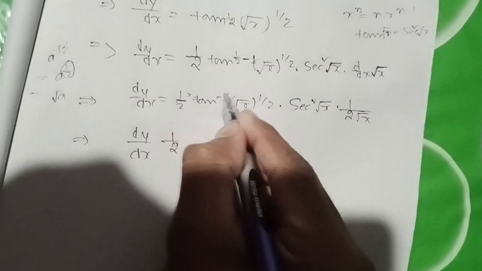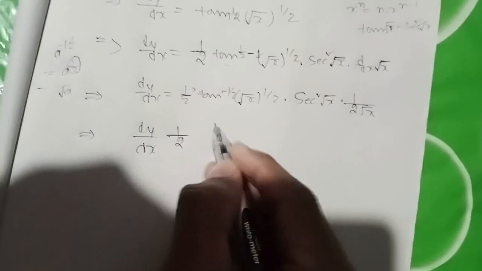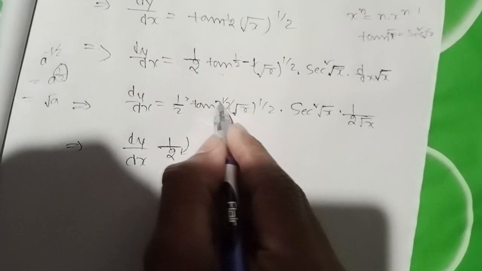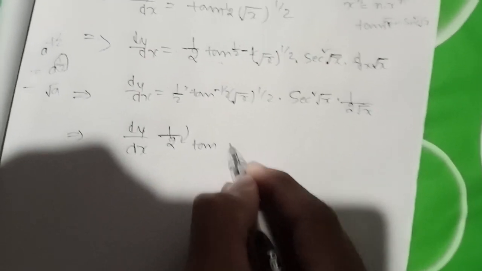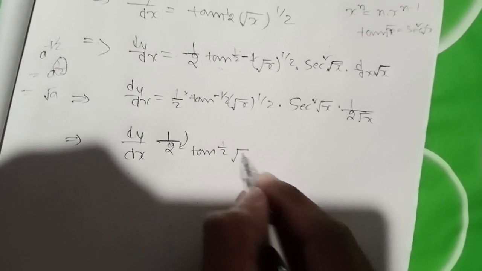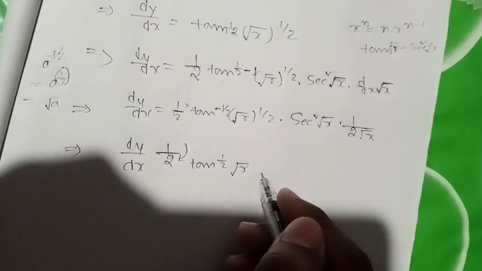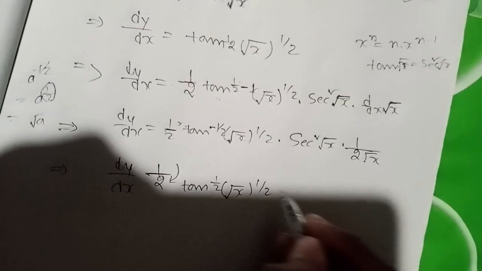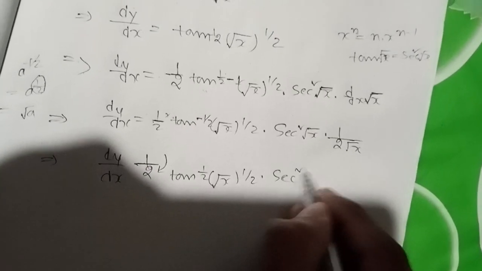So 1 by 2 here as it is, and minus 1 by 2 when we convert to the denominator, then the minus is removed, means tan 1 by 2, and the angle we need to write as it is, and sec also as it is, 1 by 2 root x.